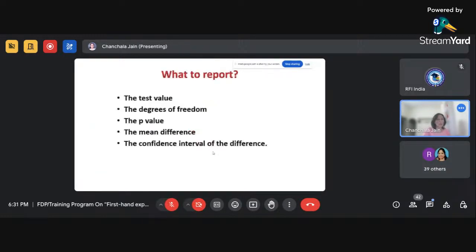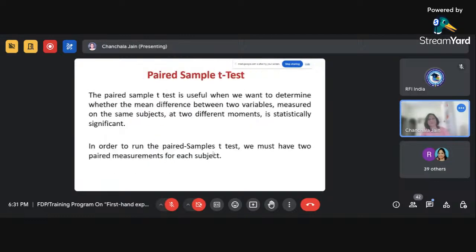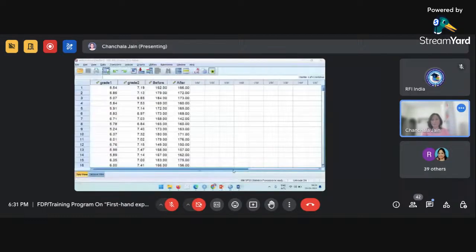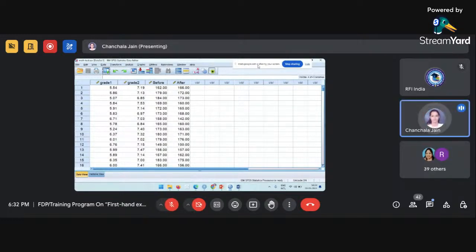Now we are moving to SPSS to perform the paired sample t-test. I think I have shared my screen again. I hope it is visible. Yes, ma'am. So you can see we have grade 1, grade 2, before and after. I am taking the first two columns, grade 1 and grade 2.